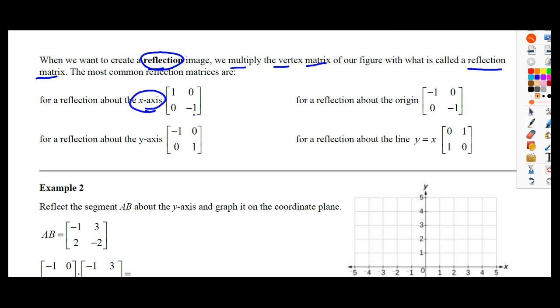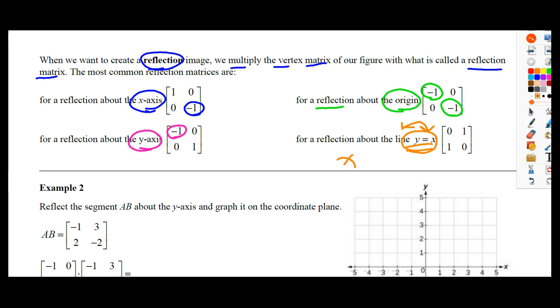Notice that the change was on the y value. Then there's a reflection about the y-axis. The x value was negated. The reflection about the origin negates both x and y. The reflection about y equals x. Now, y equals x, remember they are inverses of each other.